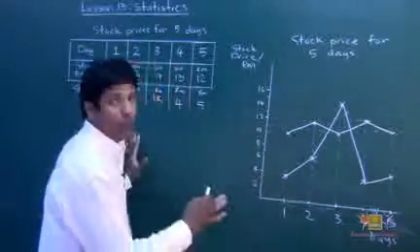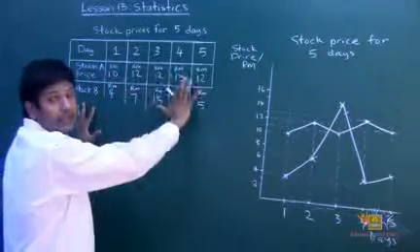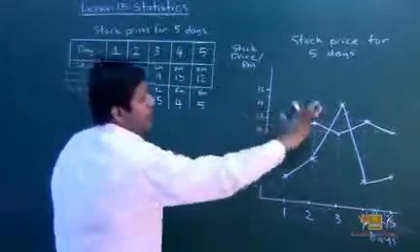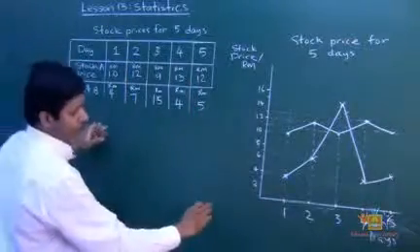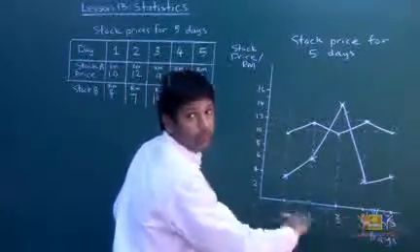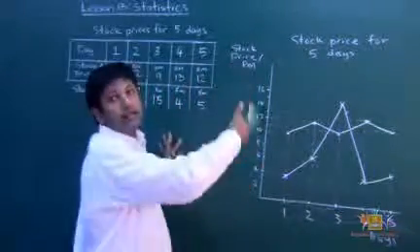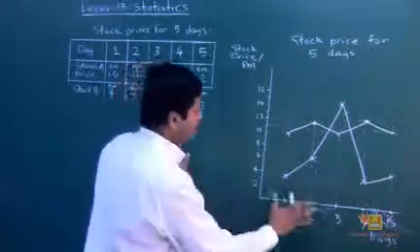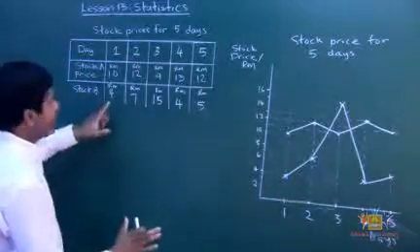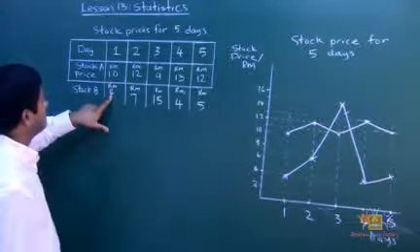The biggest thing I want you to understand is how to construct a line graph from a given frequency table. The key thing is to make sure you know that time is always on the x-axis and the frequency is on the y-axis. So you're treating time as your x and the frequency as your y.